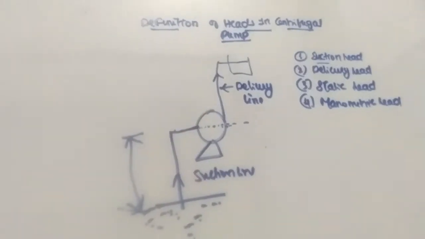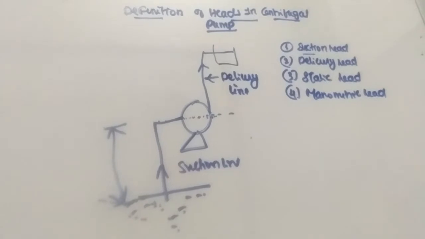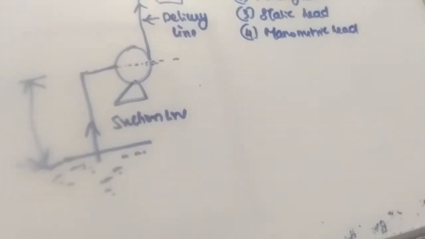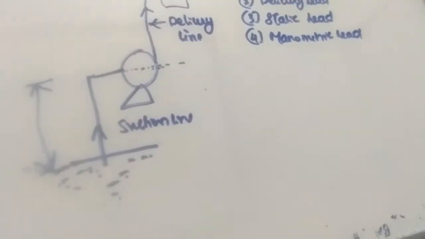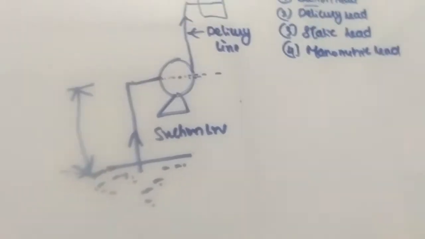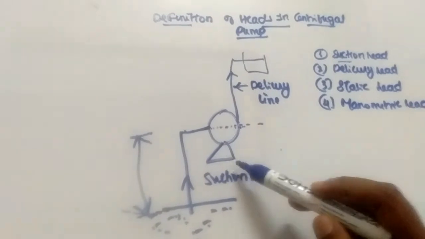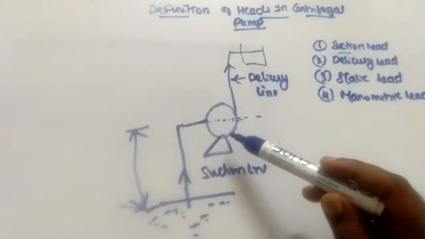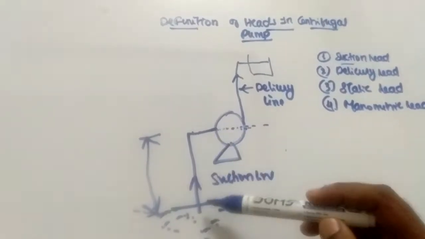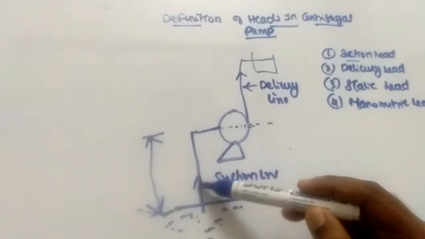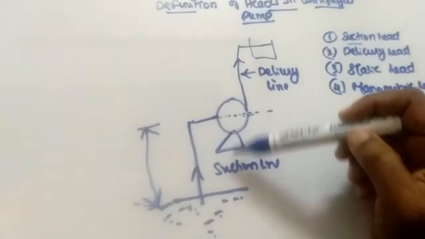And here I have drawn the flow diagram, in which suction head, delivery head, static head and manometric head are there. This symbol that I'm showing is the pump symbol, and this is the free surface of the water, this is the suction line, and this is the delivery line.